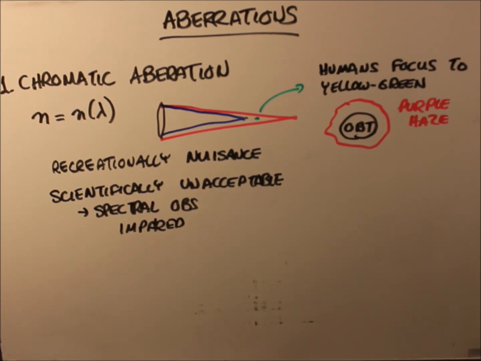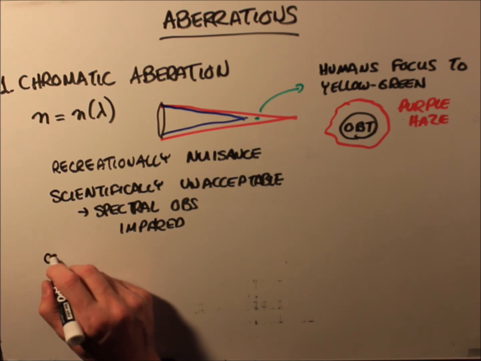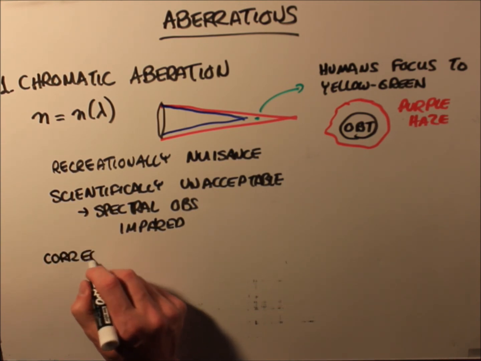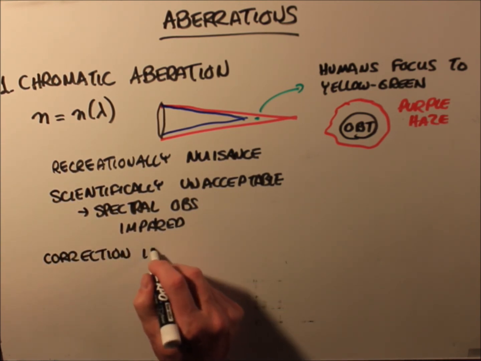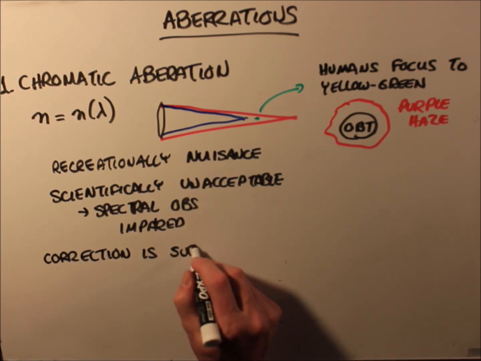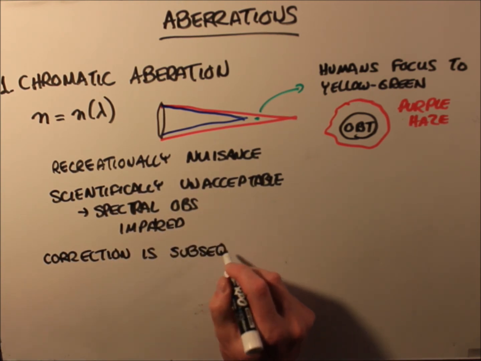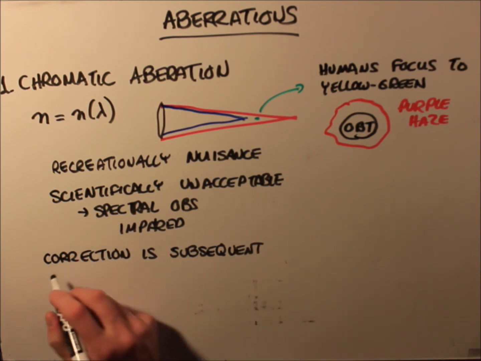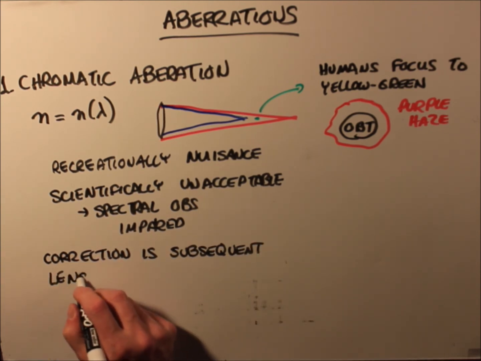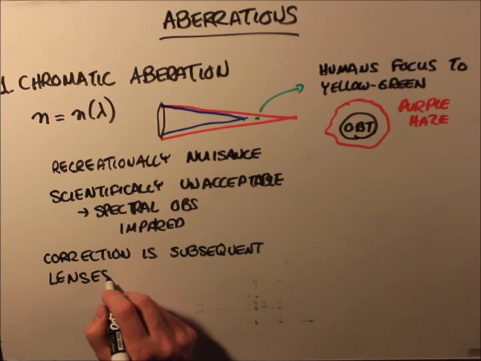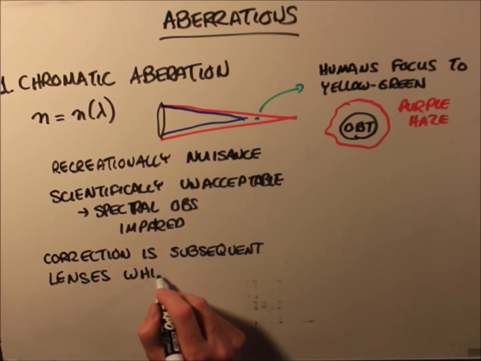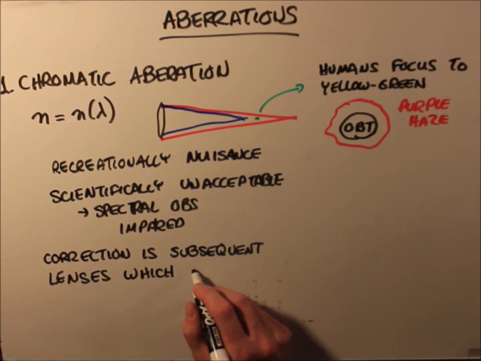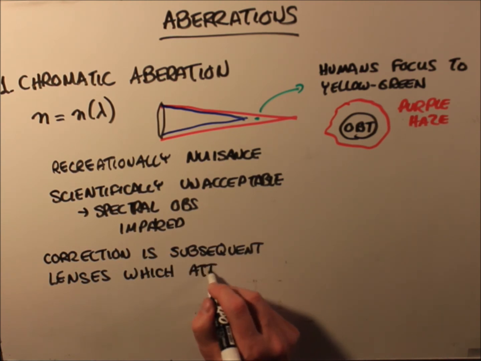And we can't have that. So if we do this type of work, we have to correct it with extra optics. So the correction is subsequent lenses which attempt to cancel this out.